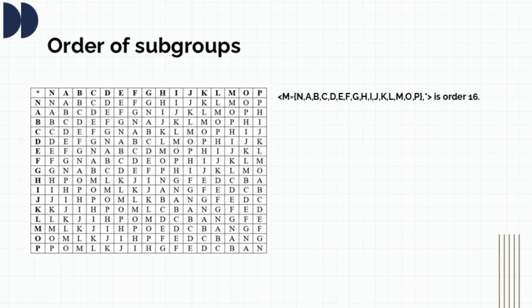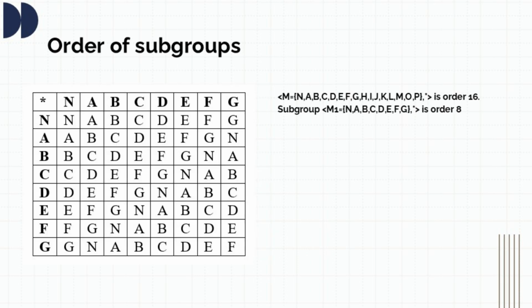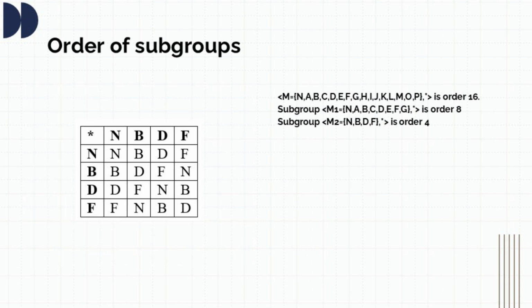Let us now relate the order of the group and the order of its subgroups. First, group M is order 16. Subgroup M sub 1 is order 8. Subgroup M sub 2 is order 4.